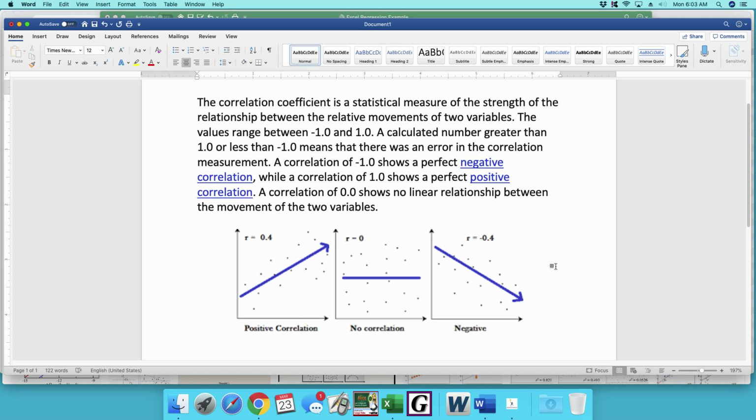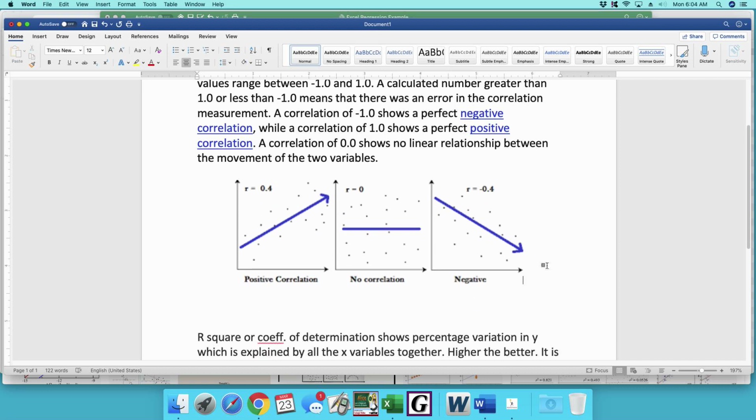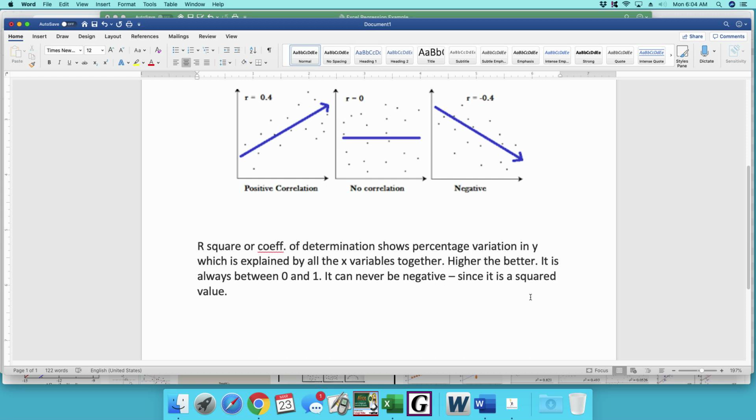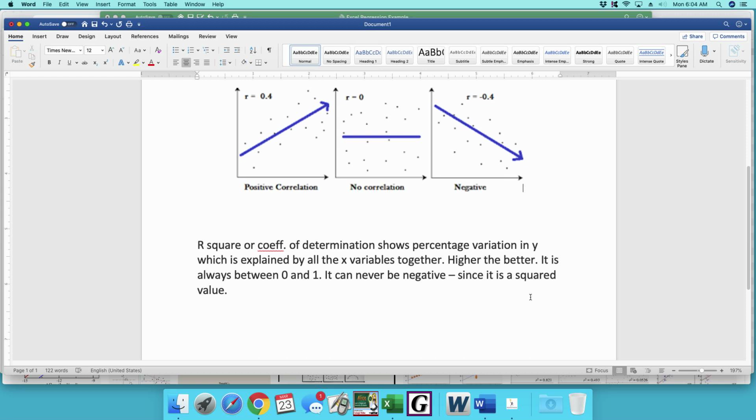Now, anything close to 1 or -1 is strong correlation. The closer you get to 0, the more scattered or unrelated the two variables are. Our second word is r squared, or it's called the coefficient of determination.